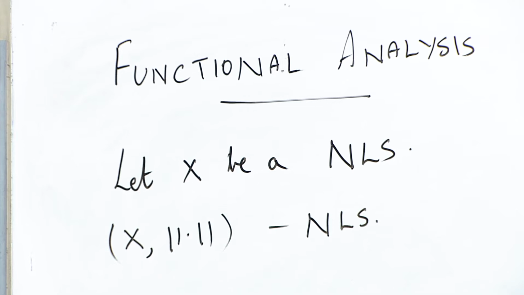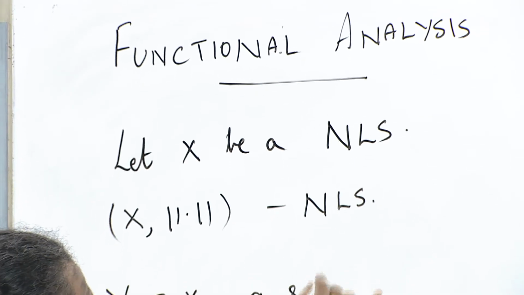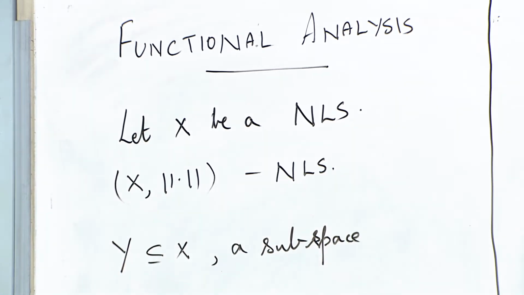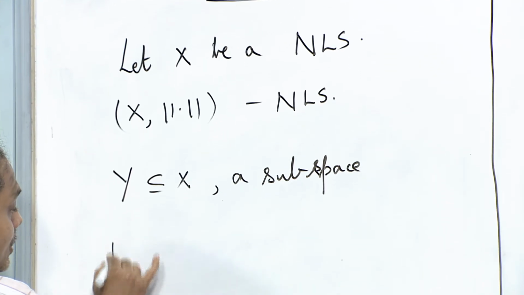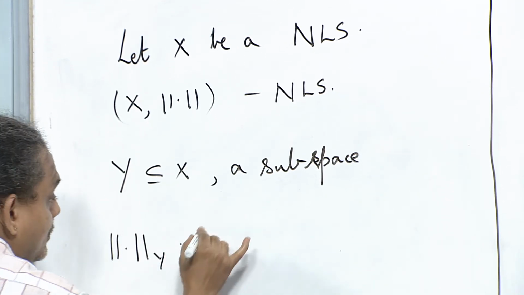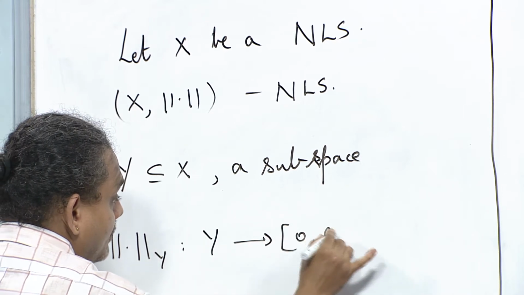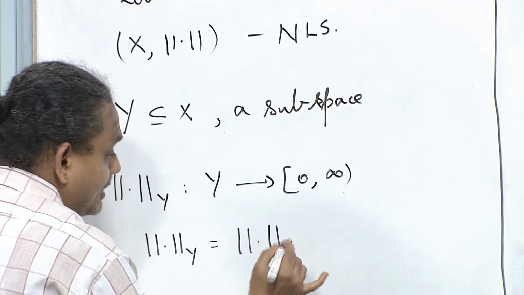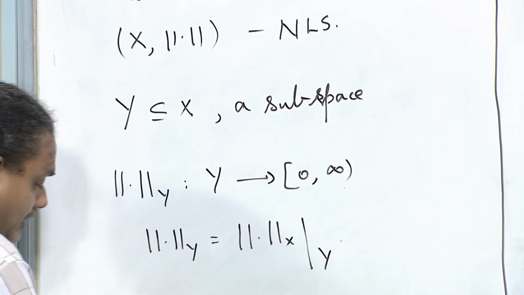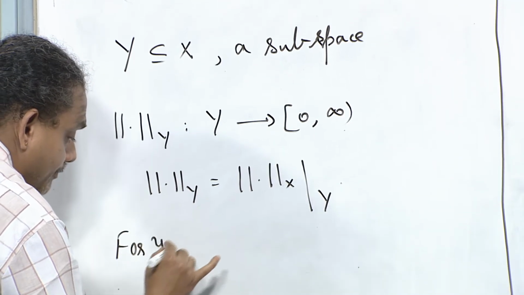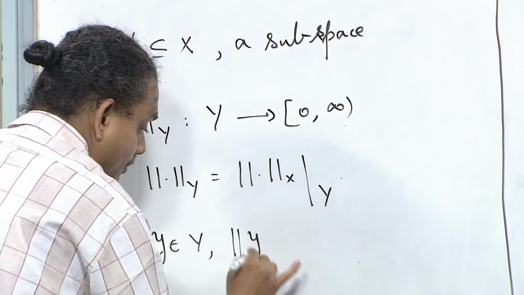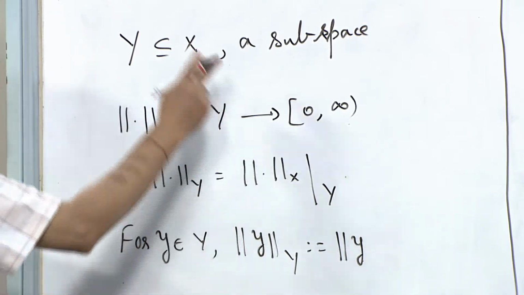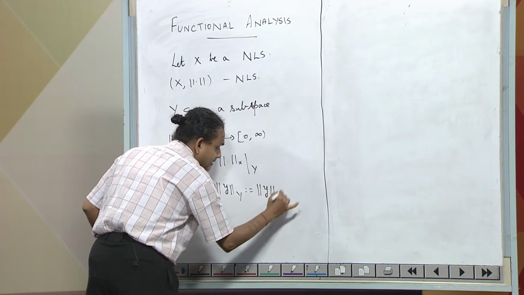Now, if Y is a subspace of X, by a subspace I mean a vector subspace, then you need a norm on Y. So, what we are going to do is just take the norm on X and restrict it to Y. That means for y in Y, norm of y is defined as: look at this element y as an element of the space X and then take its norm.